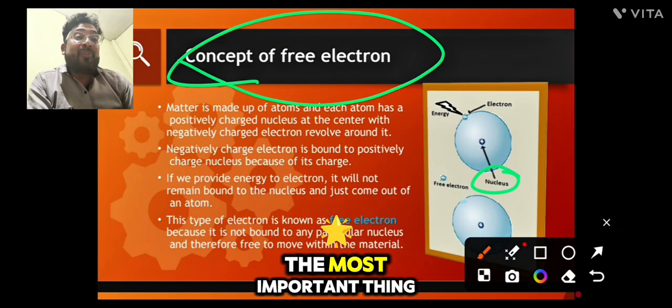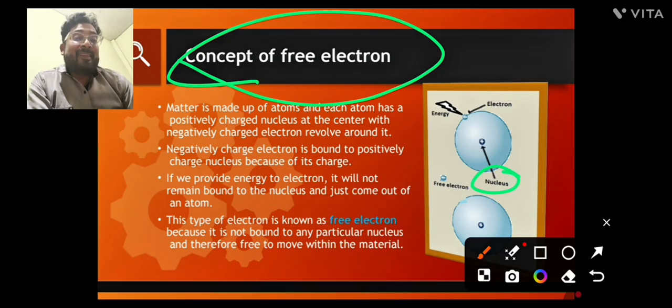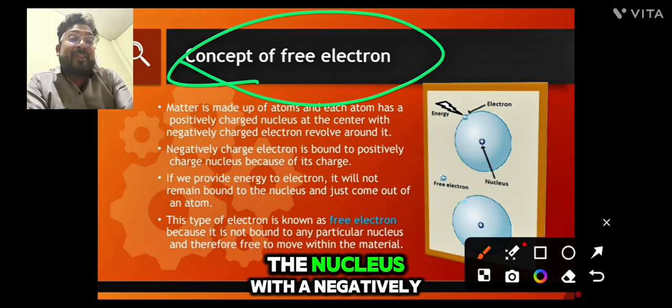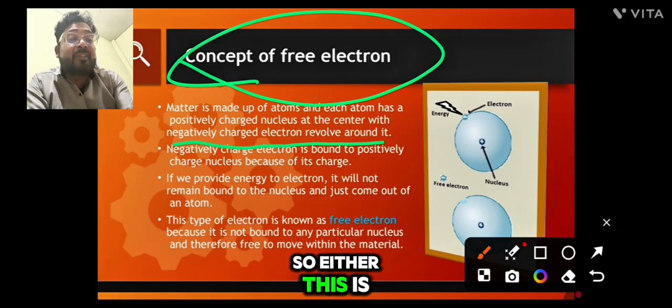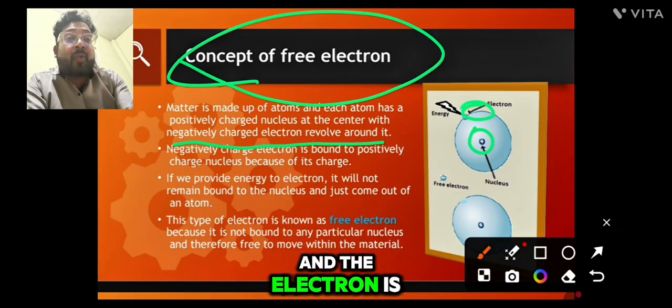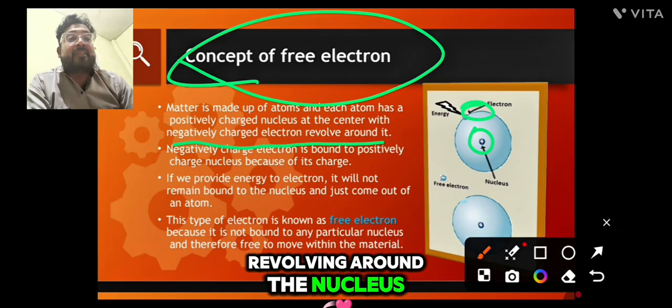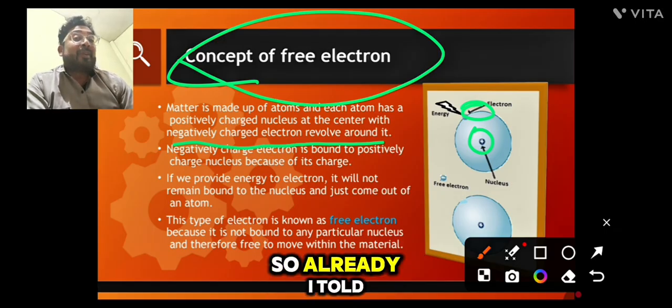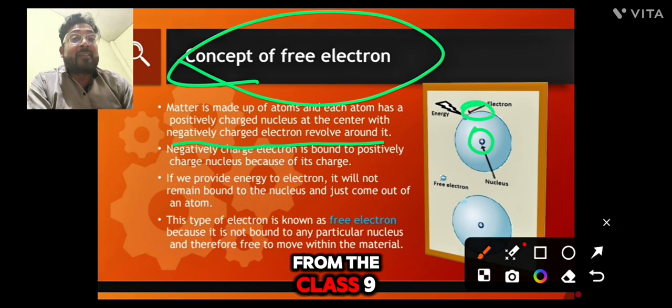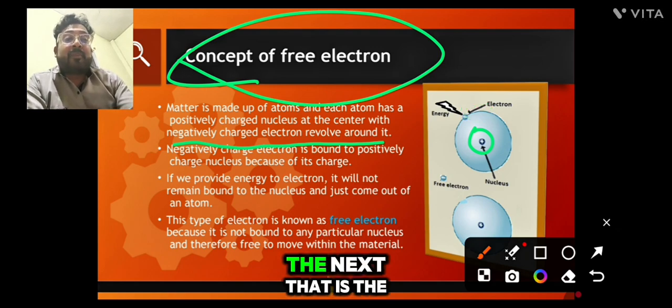And the most important thing is that the nucleus has negatively charged electrons revolving around it. This is the center, the nucleus, and the electron is revolving around the nucleus, and this is given by the Bohr model. I already told you, just recall from class 9.